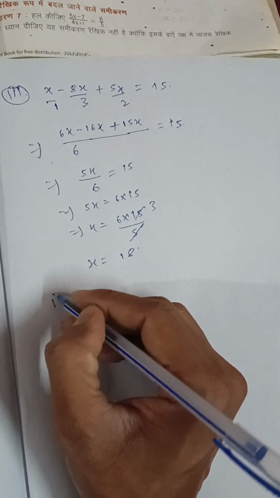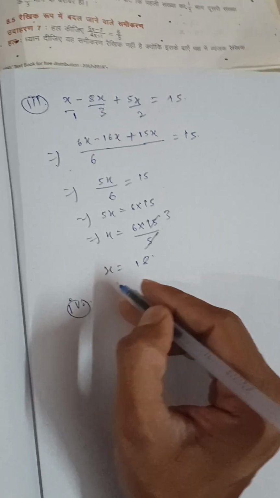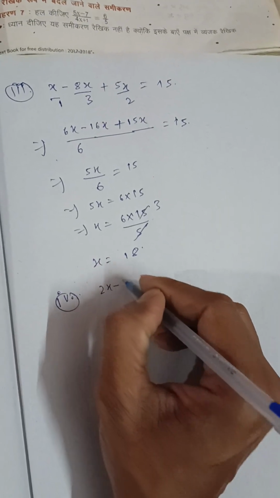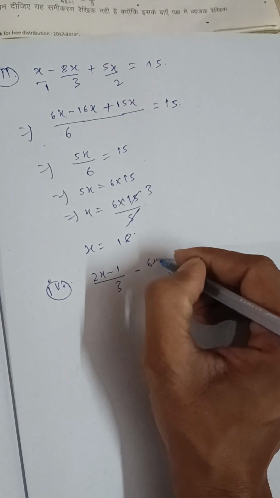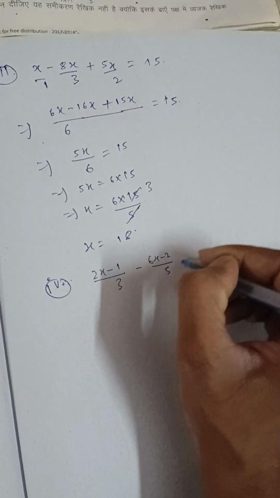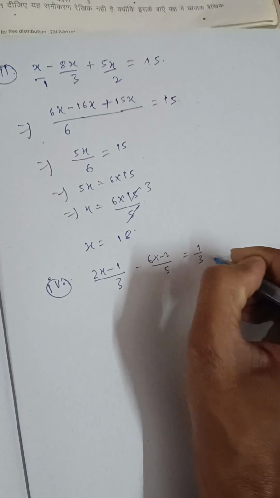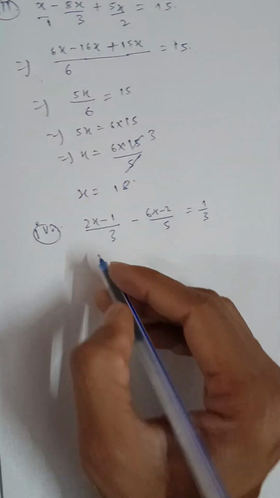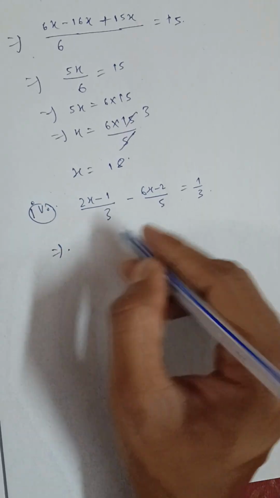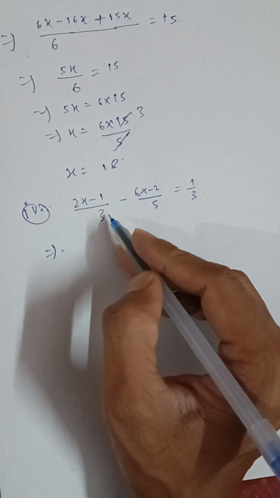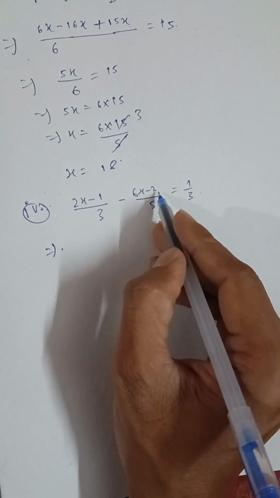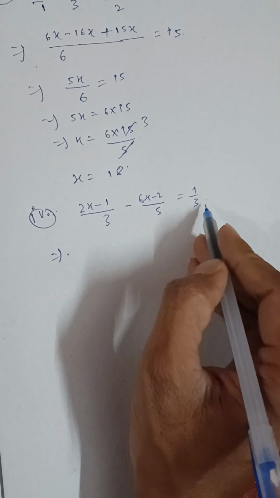Fourth question is (2x minus 1) divided by 3 minus (6x minus 2) divided by 5 equal to 1 by 3. So here we see that (2x minus 1) divided by 3 minus (6x minus 2) divided by 5 equal to 1 by 3.